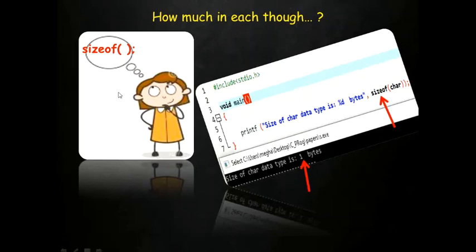But how much in each though? How do we know that? How do we know what is the size of each data type in our C program?